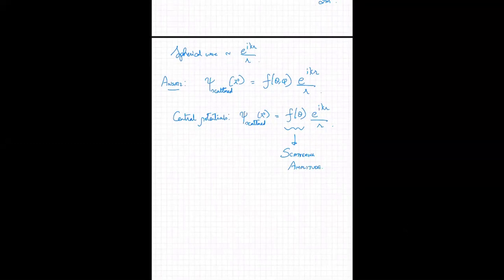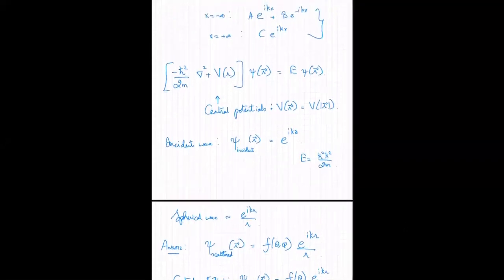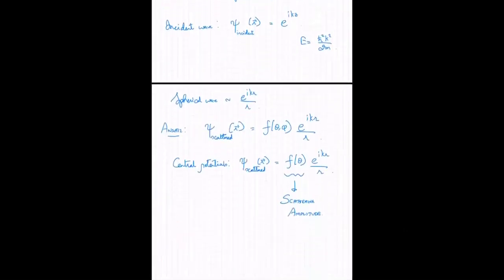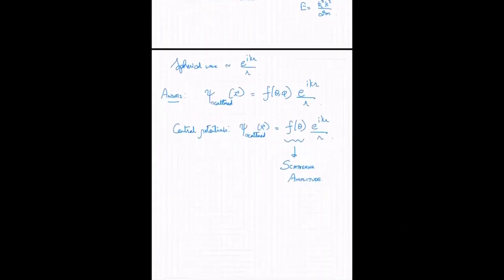So we will take this up in the next lecture and show that indeed d sigma by d omega, using this definition that differential cross section is basically scattered flux density divided by the initial flux density. Using this, we will actually show that modulus f of theta squared is basically the differential cross section.